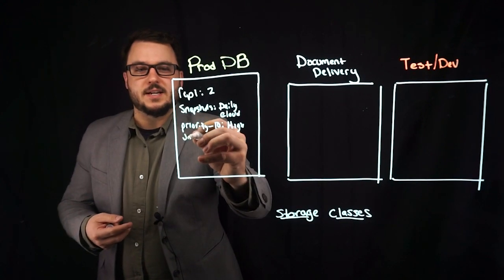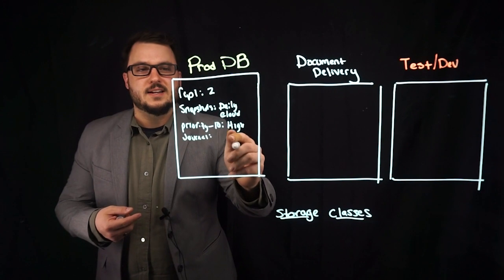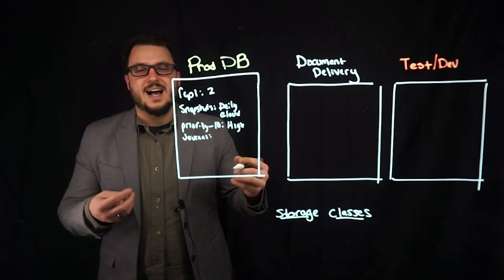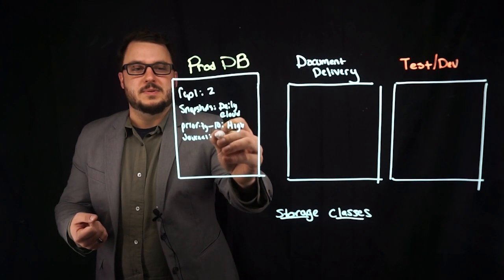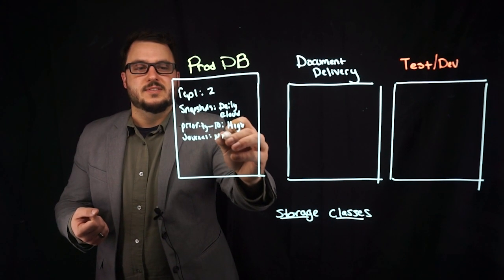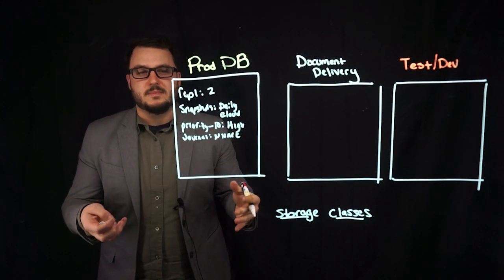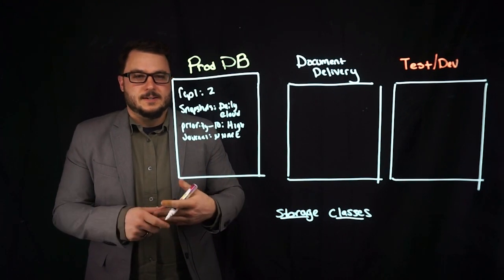I probably want to set up a journal. Keep in mind that if my priority IO is high and that lands on SSDs, then my journal should be some sort of NVMe device. Just keep that in mind. Your journal should be faster than your class of storage.